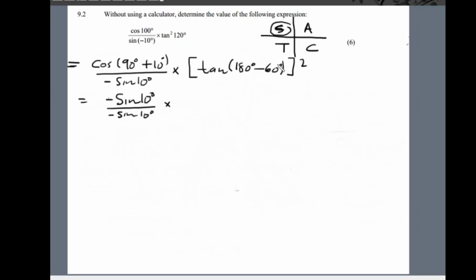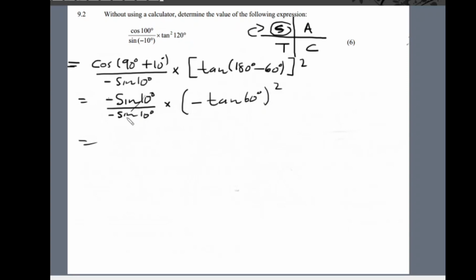And then here again, tan of 180 minus 60 will throw us into the second quadrant, because 180 degrees minus 60 is an angle in the second quadrant. In the second quadrant tan will be negative. So there we will have tan of 60 degrees, all to the power of 2, right?